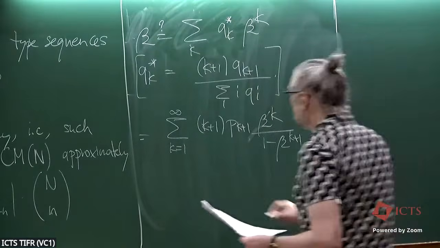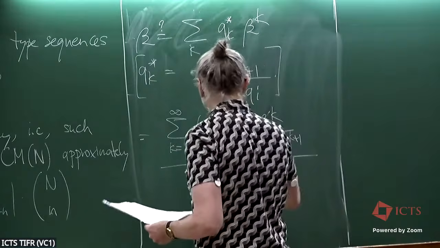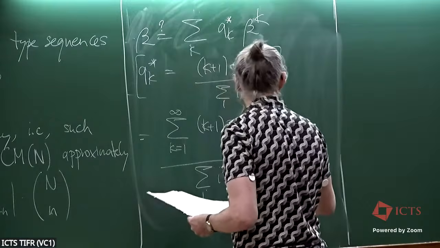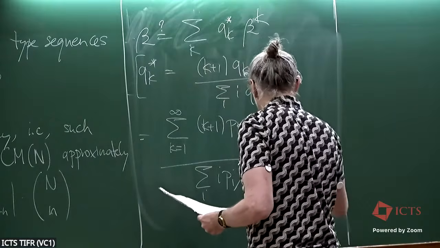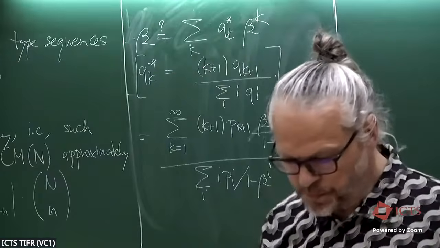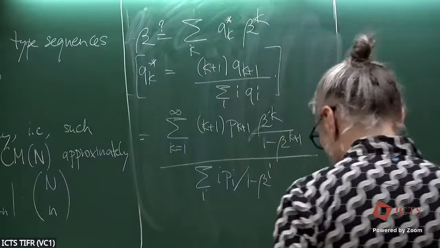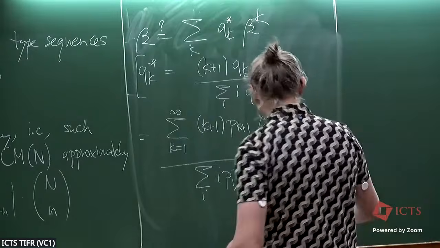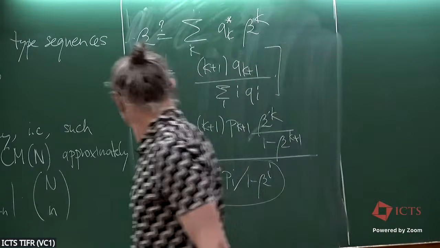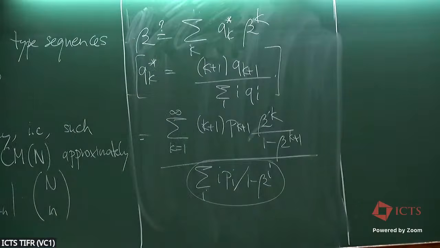And then I need to renormalize that by, well, the sum over i times pi divided by 1 minus beta to the power i. Okay, a little bit of algebra. Right, but I know something about this. Right, because that's basically what comes in my fixed point equation.